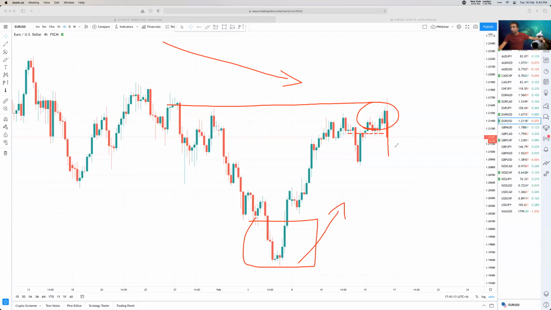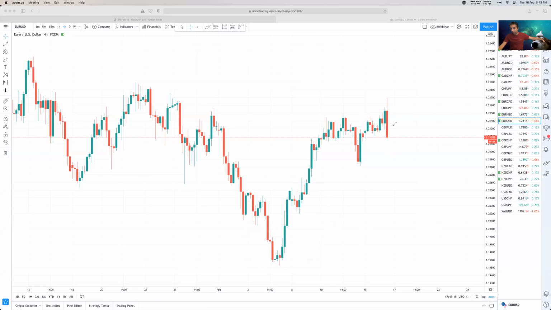It came down really, really hard. If this is your range, how strong is he coming down? Hard, but if he closes right now where it is, he hasn't done much. He's not far away from the range.